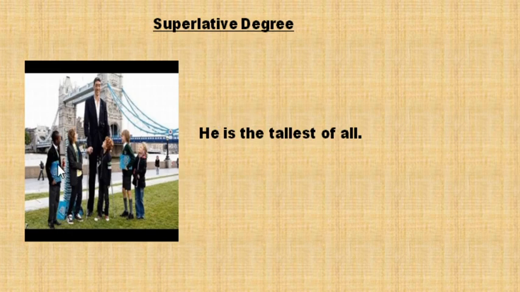You can see here more than two persons, 1, 2, 3, 4, 5, together along with 6 persons. So among these persons he is the tallest. So in case of superlative degree, you are comparing among everything.